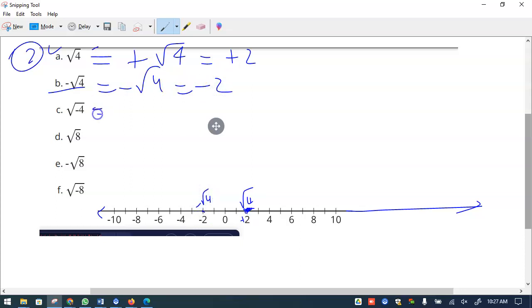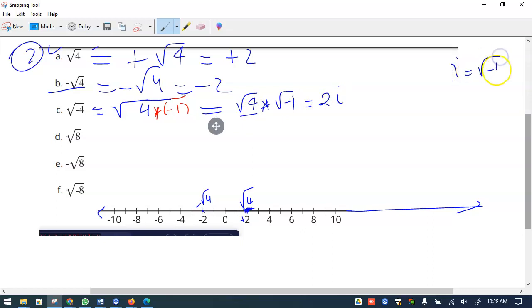This is the square root of minus 4. Remember there's a minus inside, so this is the square root of minus 4. And then we write this as the square root of 4 times the square root of minus 1, and the square root of 4 is 2, and this becomes i, because i represents the square root of minus 1.